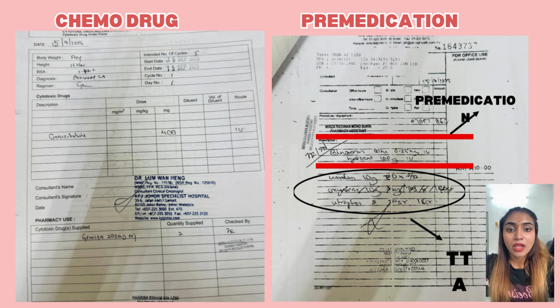Pre-medication was given: palonosetron to prevent chemotherapy-induced nausea and vomiting, and hydrocortisone to reduce hypersensitivity reaction and improve patient tolerance. The patient was planned for the 5th cycle of gemcitabine monotherapy, which is a standard treatment option for pancreatic cancer.